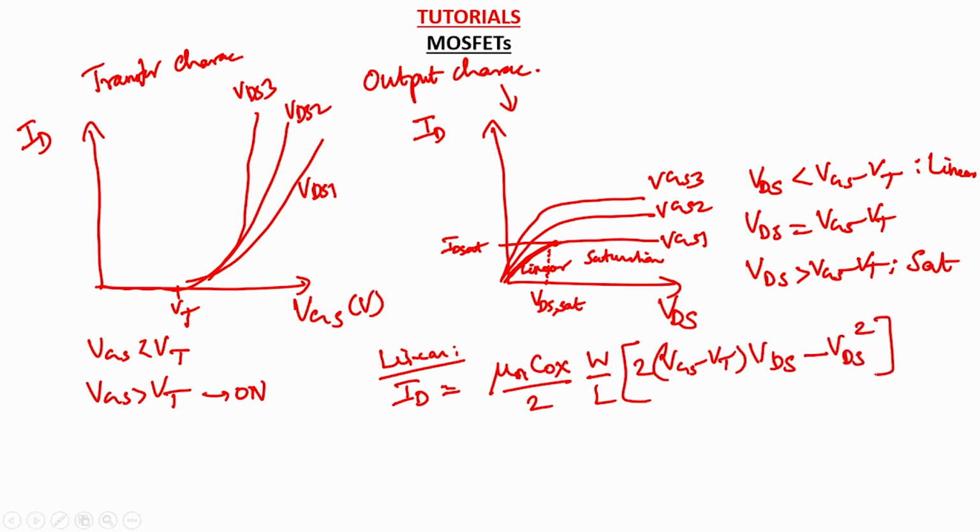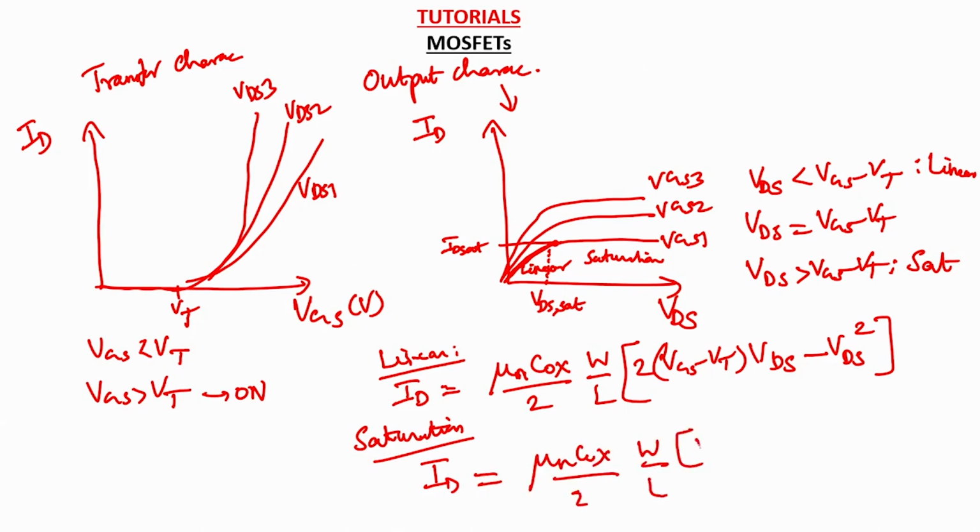So for very low drain to source values, you can see that the plot is almost a straight line, and in the saturation region the current equation looks something like this: ID equals mu Cox by 2 W over L into (VGS minus VTH) the whole square. So this is for the linear region, and this is for the saturation region.